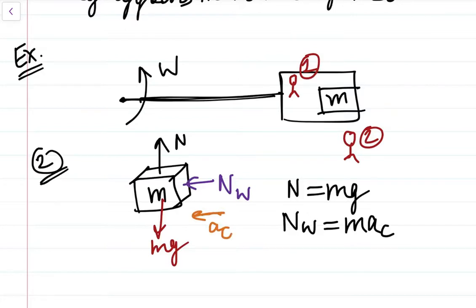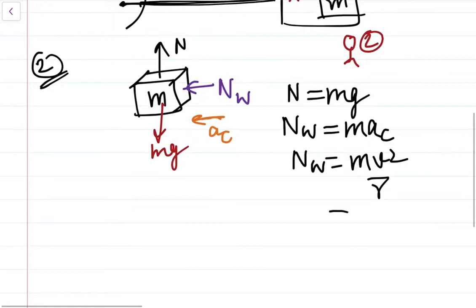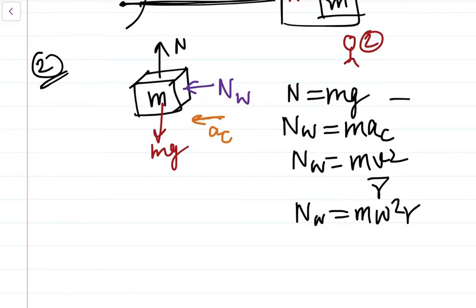We can write it as Nw equals m v squared by r, and v is omega r, so it is m (omega r) squared by r, which is m omega squared r. So you will get these two equations.